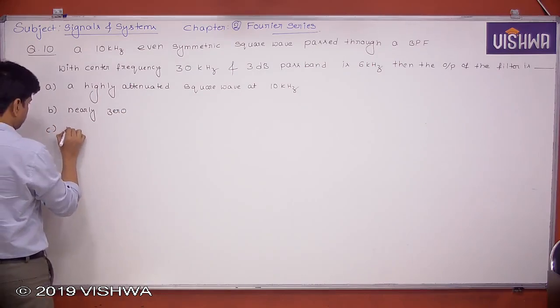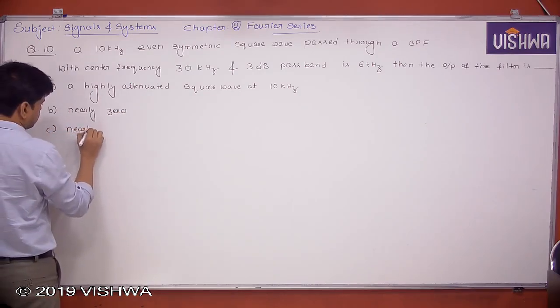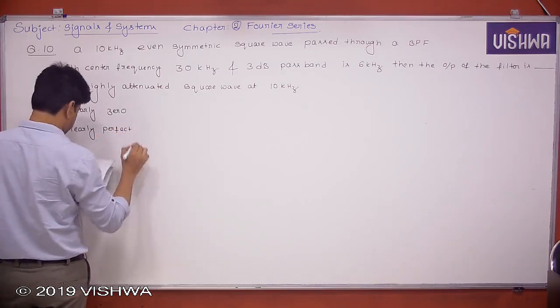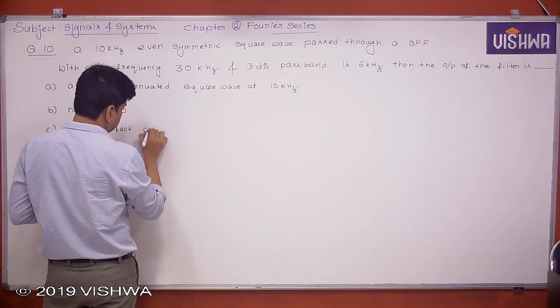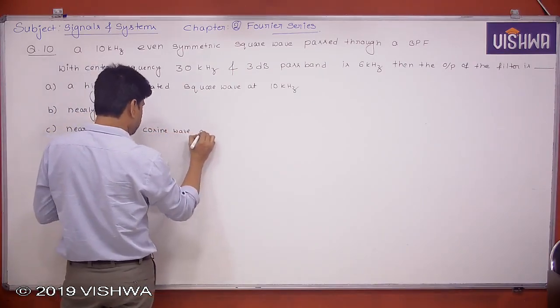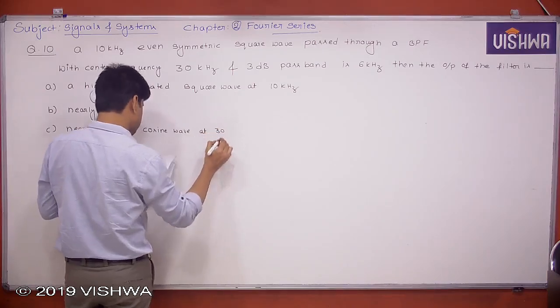Option C, nearly perfect cosine wave at 30 kilohertz.